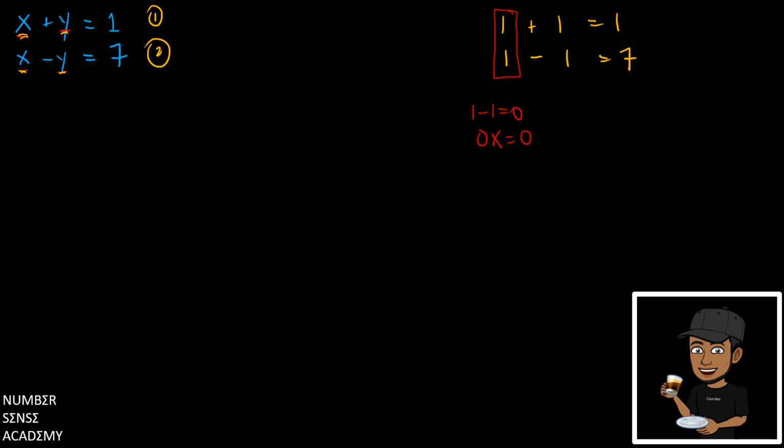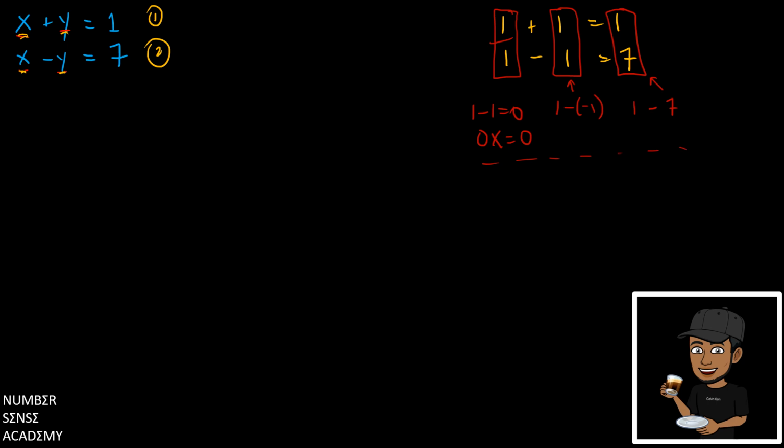With that said, if I'm doing 1 minus 1 for these terms, then I have to do positive 1 minus 1 for these terms. So it's going to be 1 minus minus 1 for these terms. And then here it's going to be 1 minus 7. All right. Now, here's the other option.